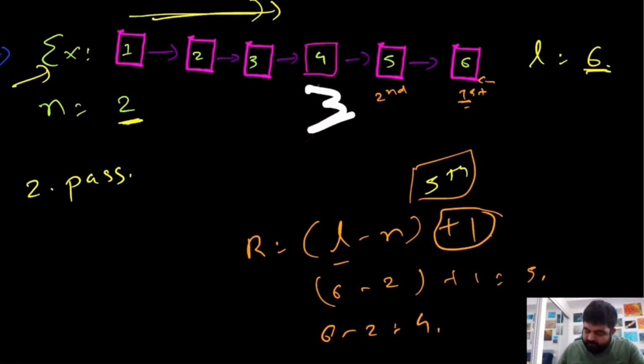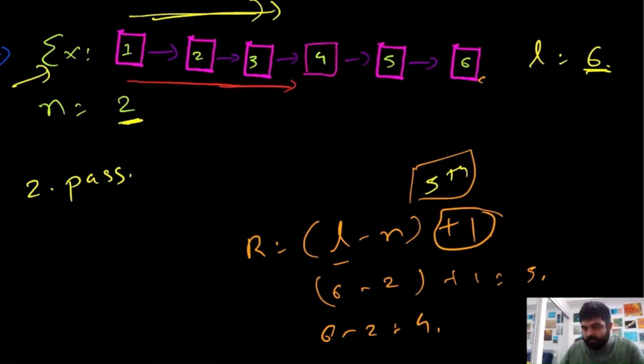Now in the first pass we determine that this 5th node is the one we need to remove. So all we need to do in the second iteration is iterate over this given list again till we reach the 5th node.